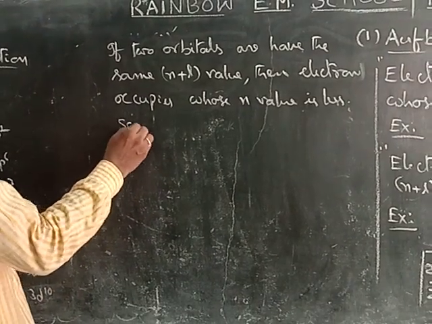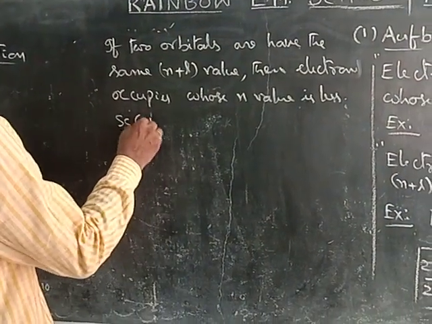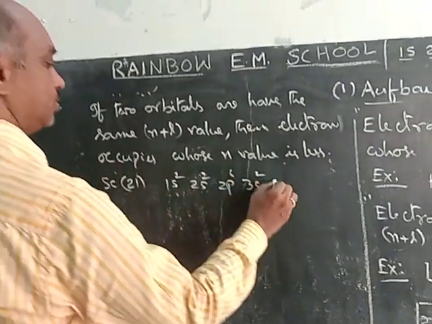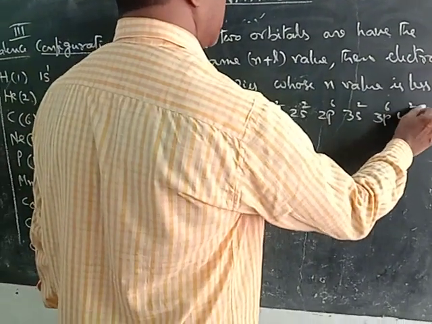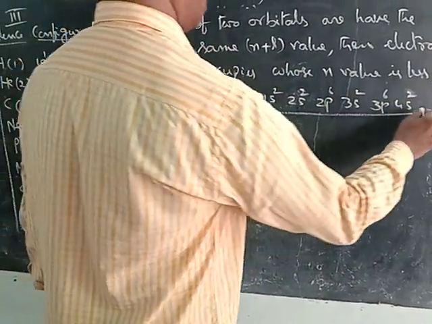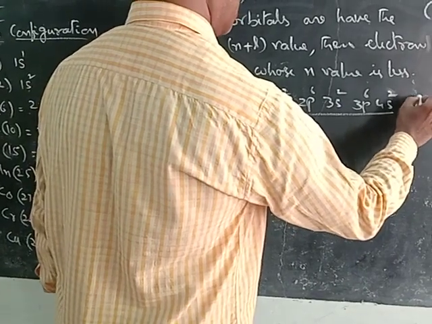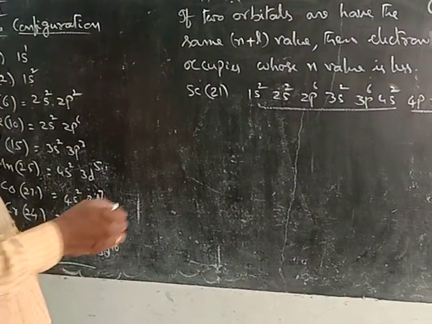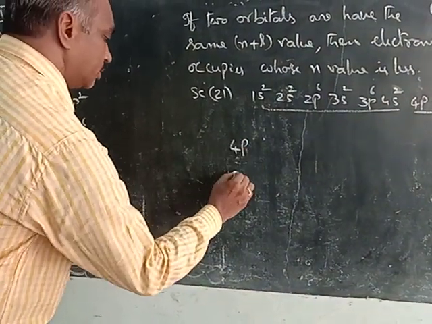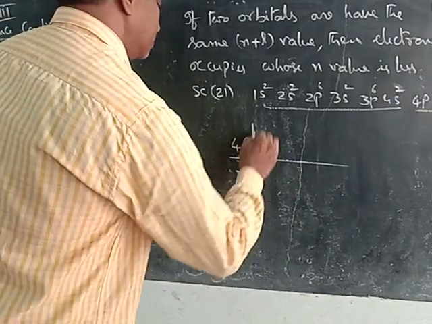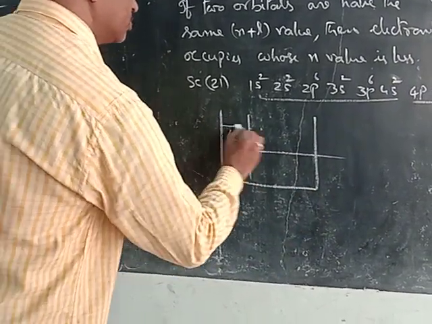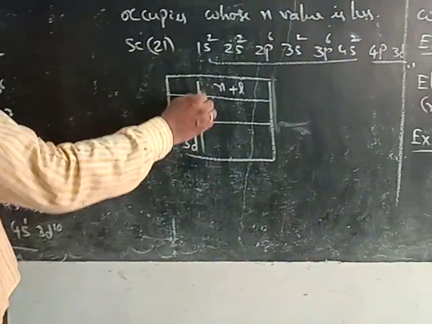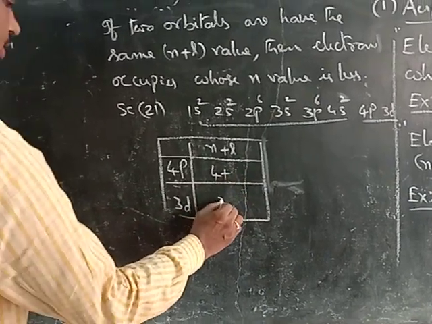For example, recently we explained scandium, atomic number 21: 1s2, 2s2, 2p6, 3s2, 3p6, 4s2. Up to this, 20 electrons are filled. The 21st is 4p or 3d. Either 4p or 3d. You calculate n plus l value. Here the n value of 4p is 4, 3d is 3.